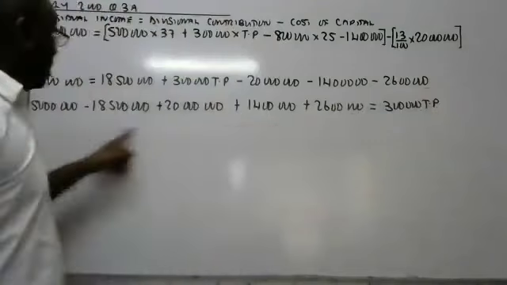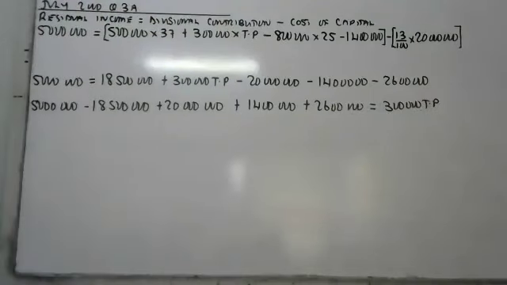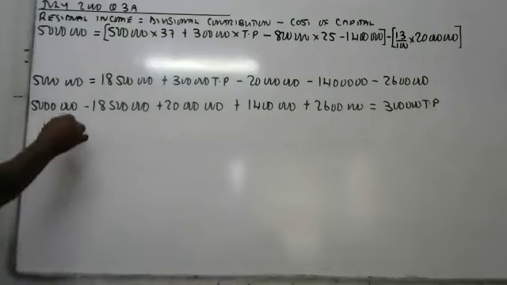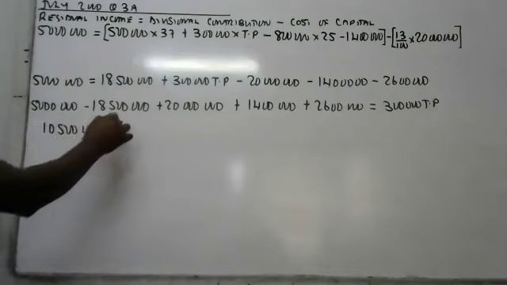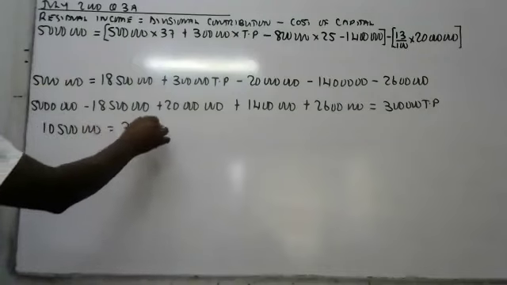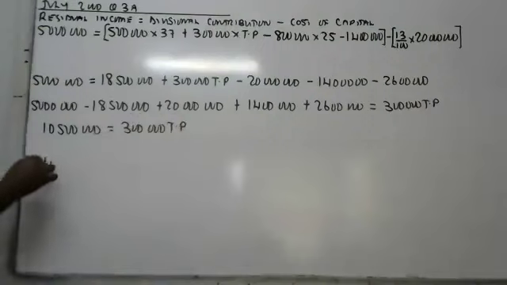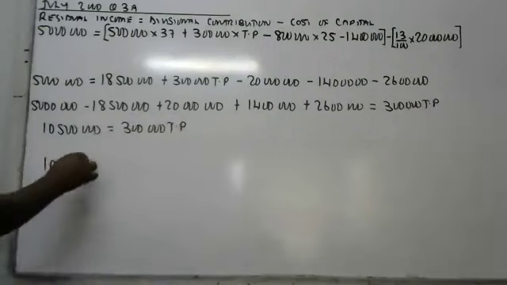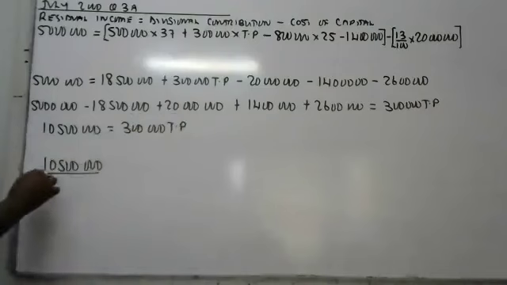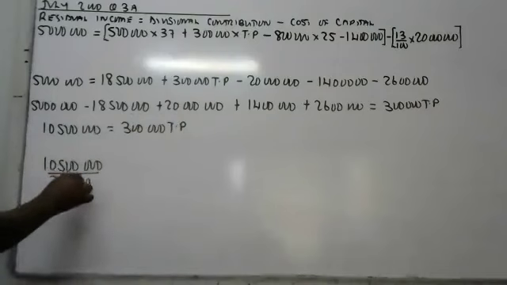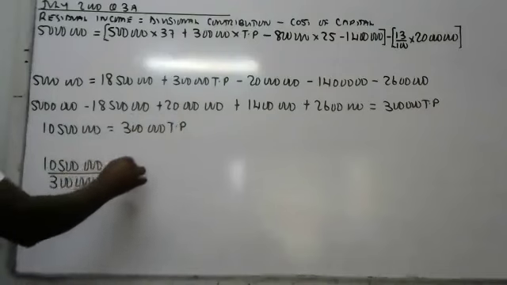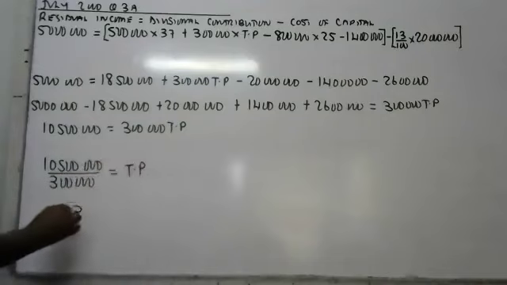Now give me this: 10,500,000 is equal to 300,000 transfer price. And therefore, if you say 10,500,000, you divide by 300,000 is the transfer price. Is this the one giving you 35?